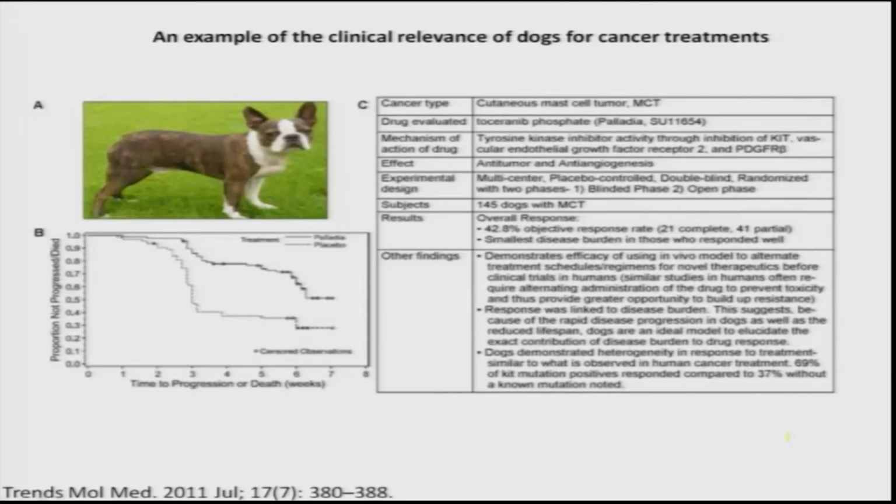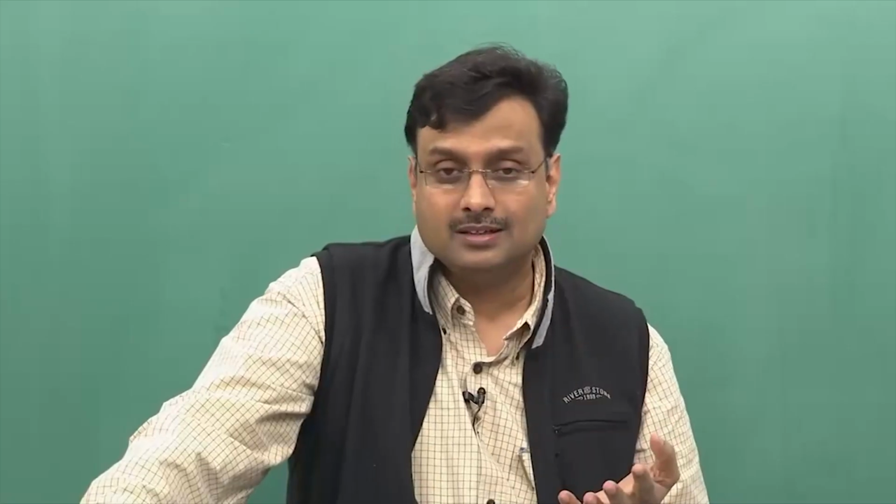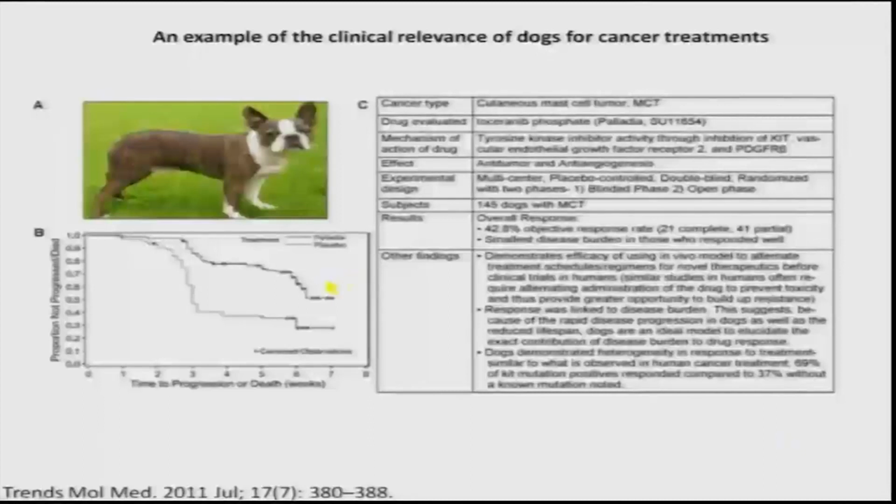And there are also examples of what is called the clinical relevance of dogs for cancer treatment, because they spontaneously develop cancers. Now you can try out different chemicals and therapeutics to see how effective they are in controlling the cancer. Here, this is one treated with a given drug, and what is shown is survival, the percent of animals surviving over time.